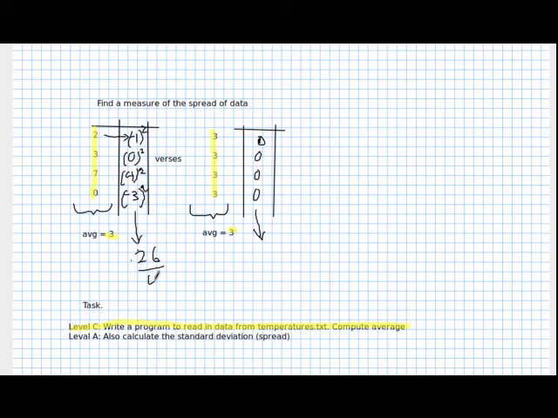So we should divide this by 4 samples, and then to kind of undo that squaring effect, let's take a square root. So this right here is going to be our measurement of the spread of the data, which we'll call the standard deviation. In our case, that would work out to be the square root of 26 over 4, which is 2.55.